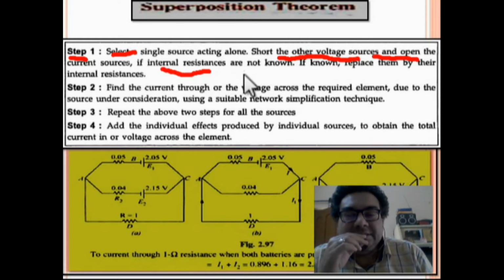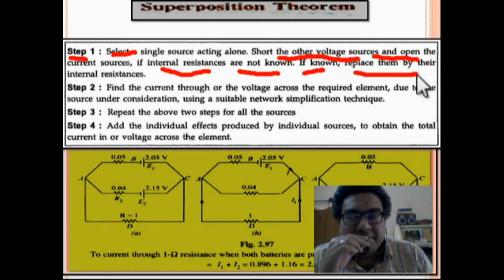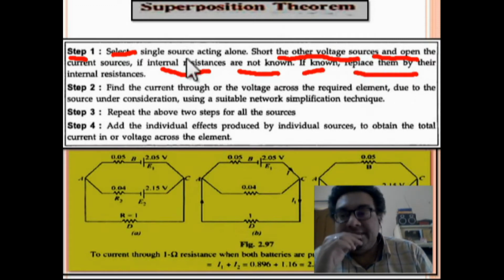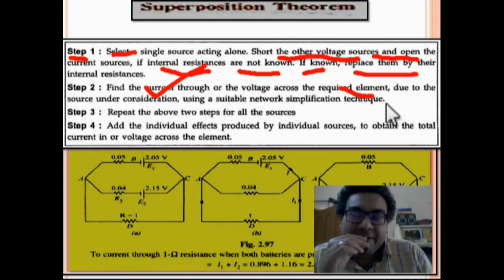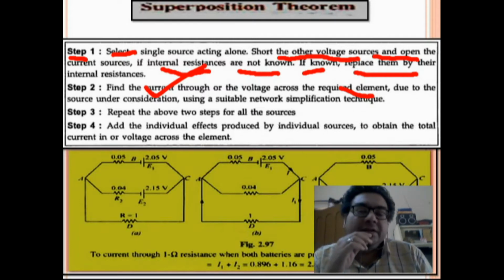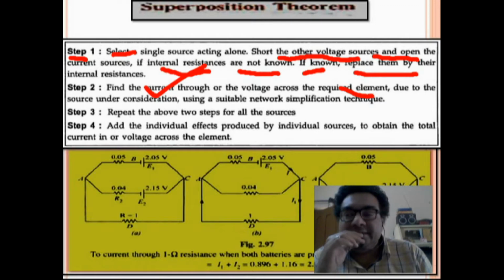If internal resistances are not known, if known, replace them by their internal resistances. Second step, find the current through or the voltage across the required element due to that source under consideration using a suitable network simplification technique. You can apply any method here to find the current, and then you have to repeat.